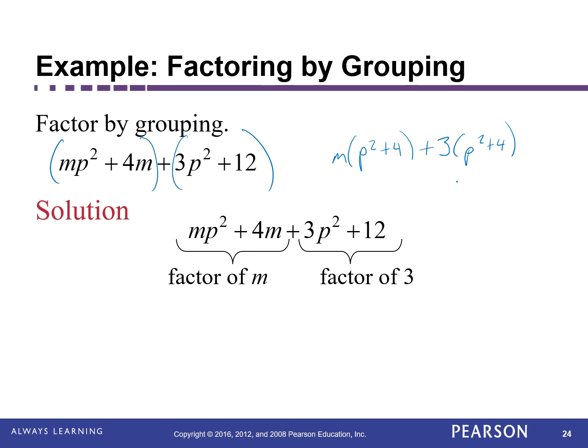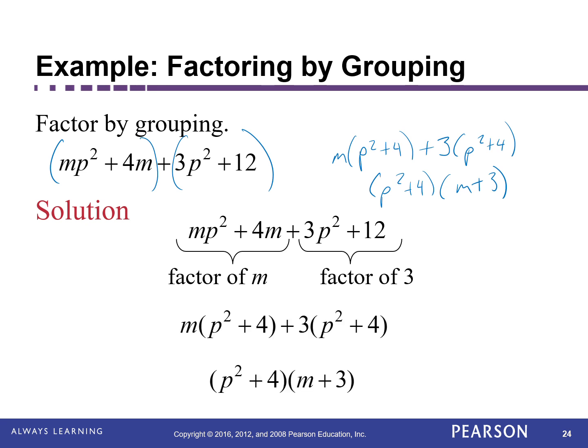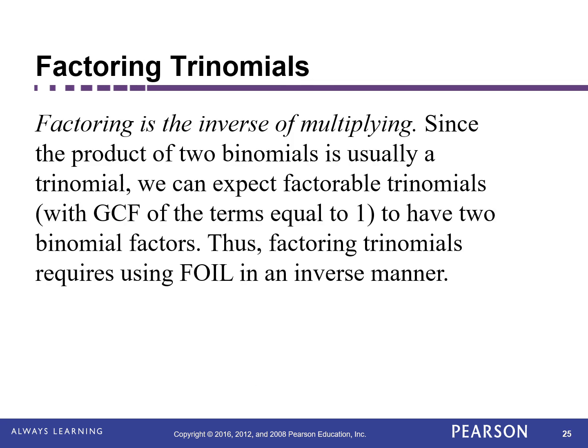Well, now they both have a p squared plus 4. So what I can do now is pull that p squared plus 4 out, and that just leaves me with what was left in front of each of them, the m and the plus 3. And now I have factored that by grouping.